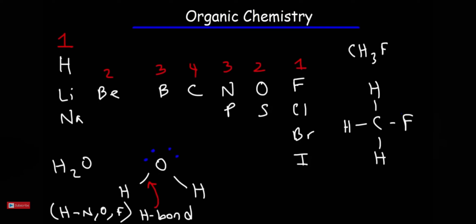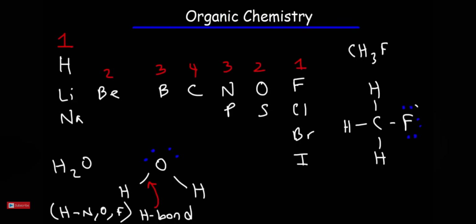And if you want, you can add 3 lone pairs to fluorine so that it has 8 electrons around it. Elements in the second row, like carbon, nitrogen, oxygen, and fluorine, like to have 8 electrons. They don't always have to have 8, but ideally speaking, they like to have 8 so that they can be stable. But that's the structure of methyl fluoride.